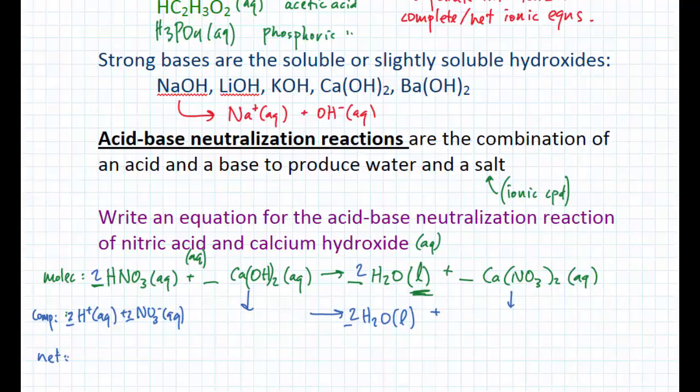Can you sort of tell just by looking at this? I haven't written out all the ions, but if you know how this is going to work, you should be able to figure out what the spectator ions are here. Anybody figure out what the spectator ions would be? Yep, calcium would be a spectator ion, NO3 would be a spectator ion.